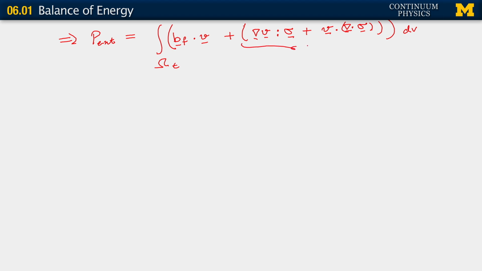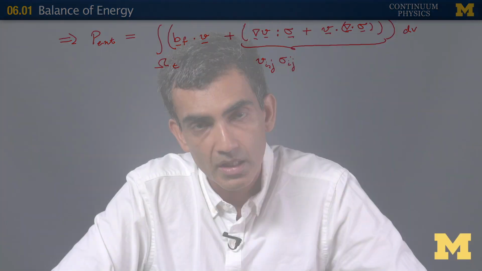This term in coordinate notation again is just v_i comma j, that is the spatial gradient of V, sigma_ij, and observe that in this product both indices i and j are being contracted out. And if you think back to the way we defined the contraction of two second order tensors to give us a scalar, you'll see that this is exactly that operation.